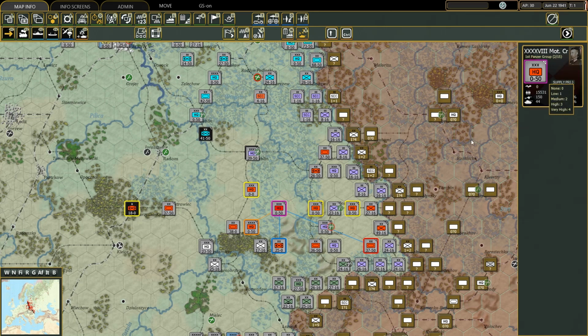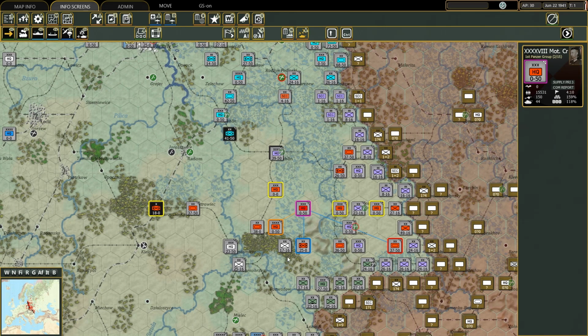So, if you think that you need to alter the supply priority of some of your units subordinated to this HQ, then you have to click here, and then the com report. It will open this window here, in which you will have a very detailed overview of all the units subordinated, in this case, to the 48th Motorized Army Corps.